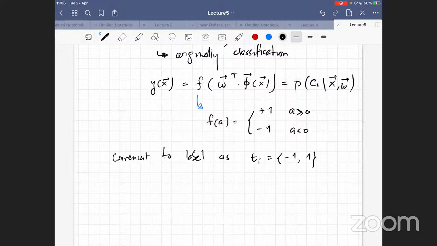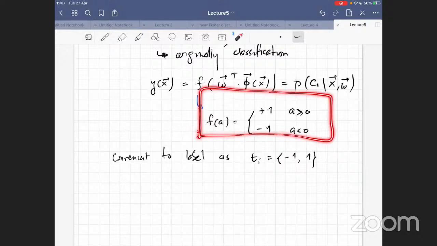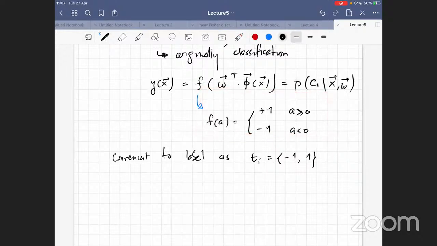Previously, in the context of probabilistic classification, as we saw the other day, and also in the context of neural networks, it is more convenient to work in the 0-1 parametrization, but specific to the perceptron, it is more convenient to choose this parametrization of the label instead, and this is just because of this choice of the function. Okay.